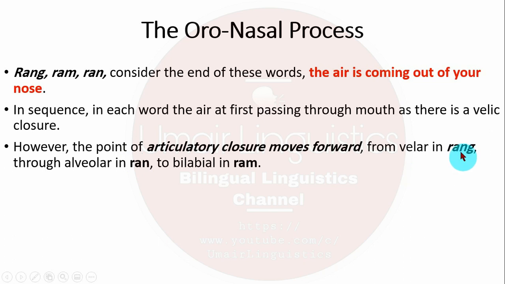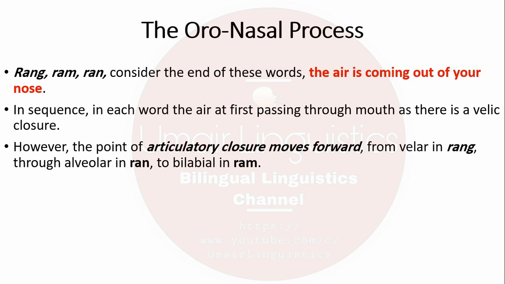In rang the last sound is ng, which is a nasal sound, and also a velar sound. So the back of the tongue is touching the soft palate in the last sound. So the articulatory closure is happening at the velar place.